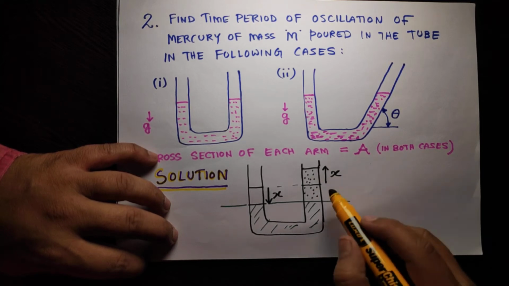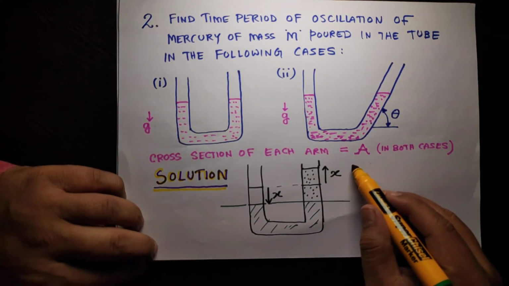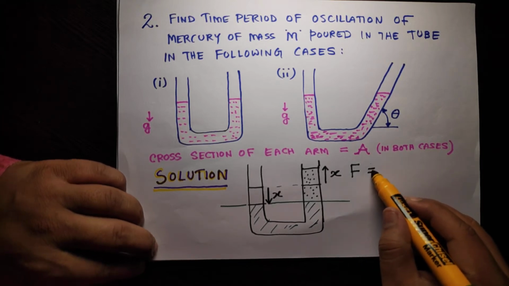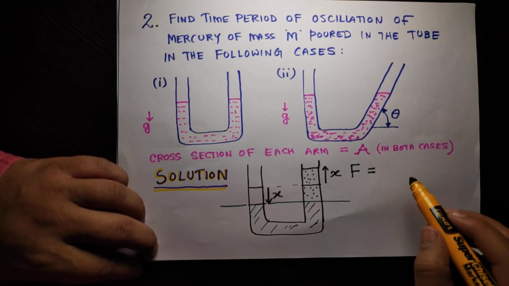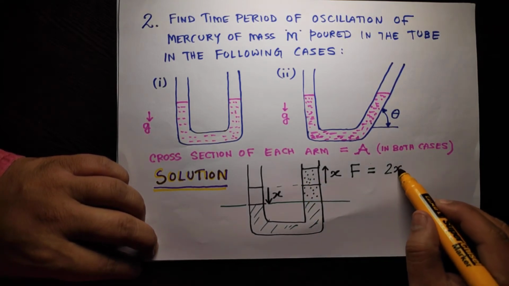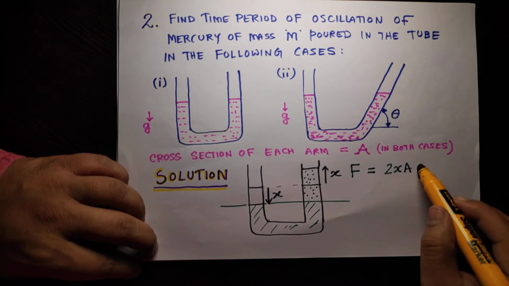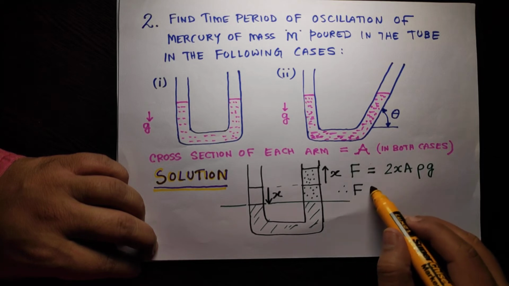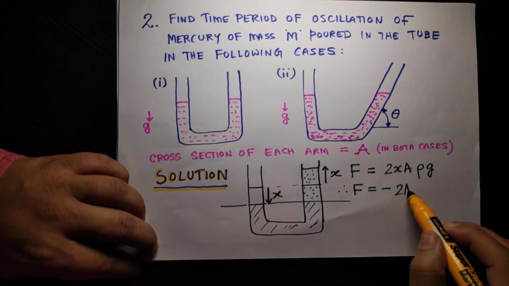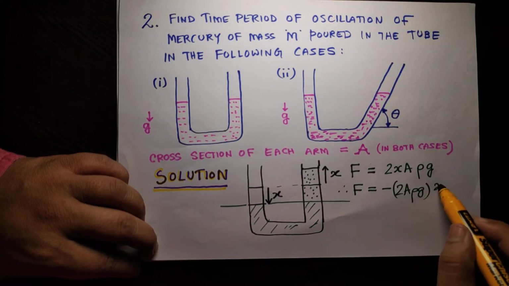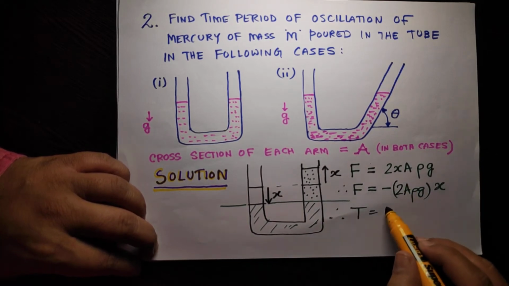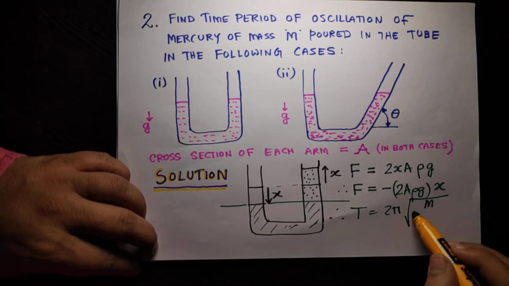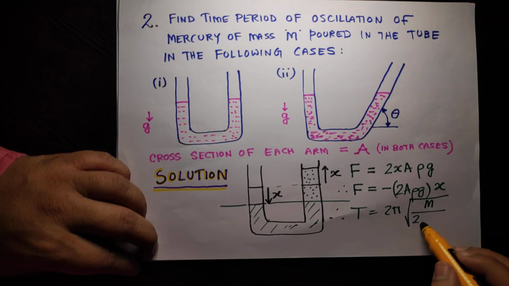So the magnitude of the force F is due to the weight of this part, which has length 2x, so 2x A rho g. Now if you insert the sign, F equal to minus 2A rho g multiplied by x. Therefore the time period of oscillation is 2 pi root over mass by 2A rho g, where 2A rho g is the k.